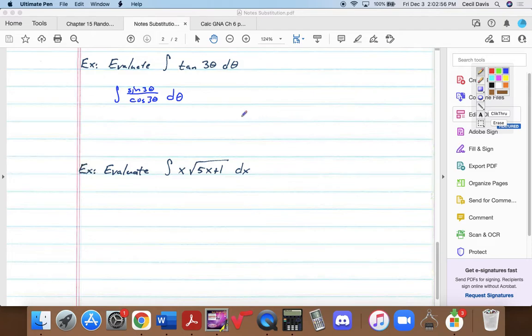And then I'm going to rewrite that as a composite function times another function. You're like, what composite function? I'm going to rewrite this as cosine of 3 theta to the negative 1 power times sine of 3 theta d theta.